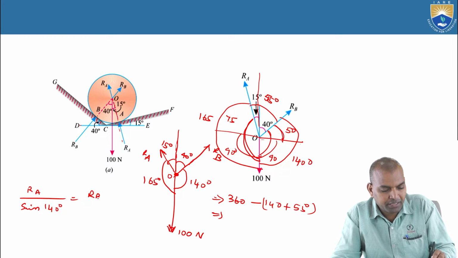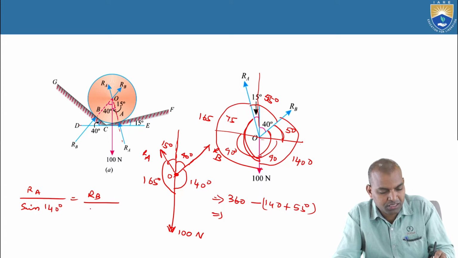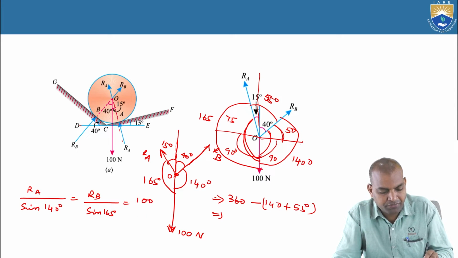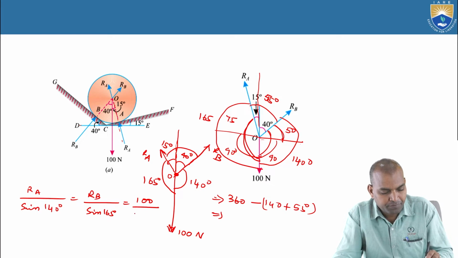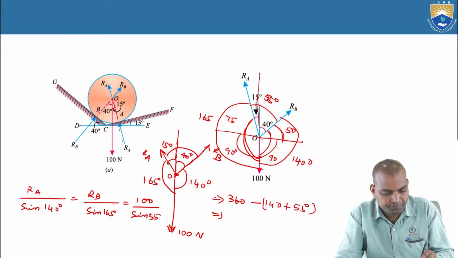Next, RB by the sine of the angle between the other two forces, RA and 100 newtons, that is sine of 165 degrees. Next, 100 newtons by the sine of the angle between the other two forces, that is 55 degrees. 100 by sine of 55 degrees.